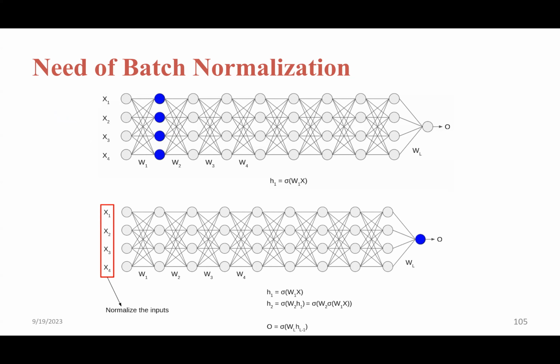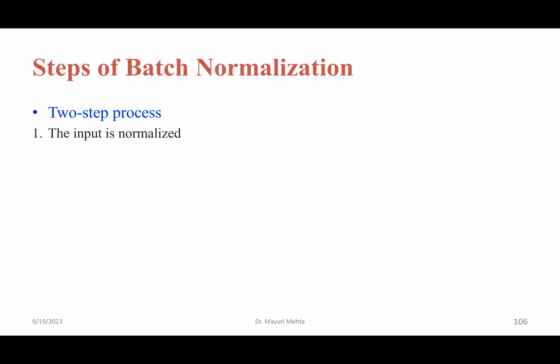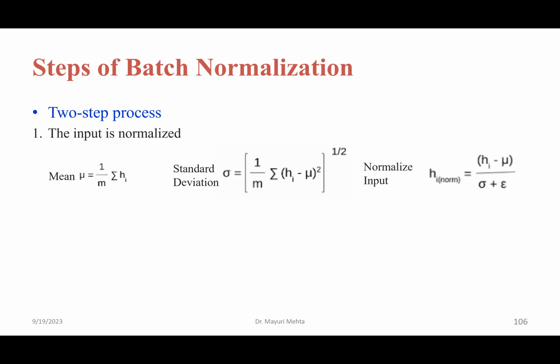To keep it normalized, we perform two steps on the output of every hidden layer. First, the mean value is calculated considering the nodes in that hidden layer. Then the standard deviation is calculated. And then we normalize the output of the hidden layer.